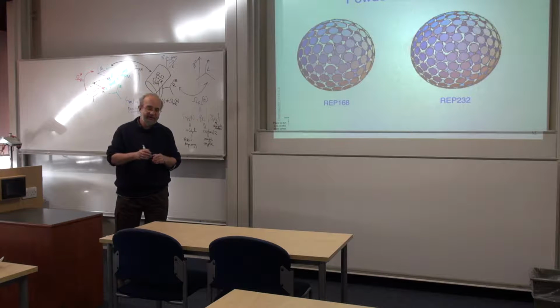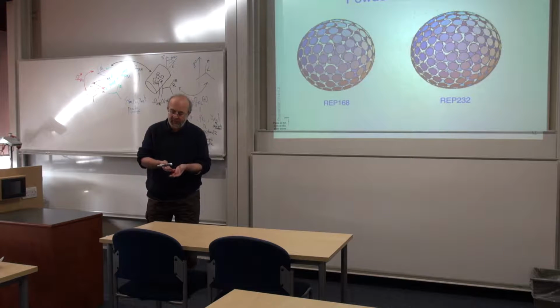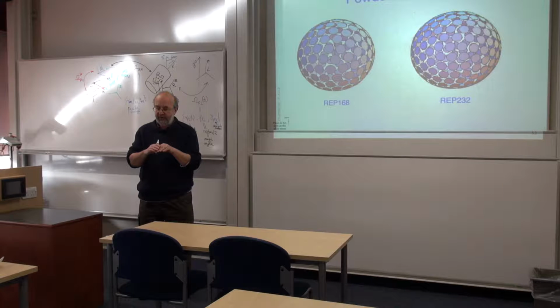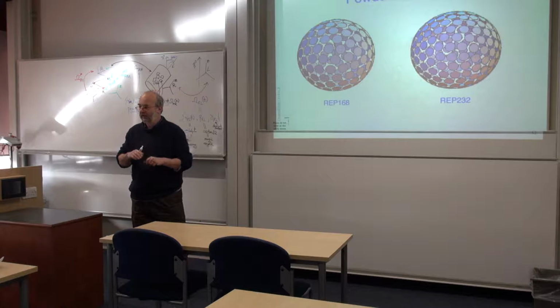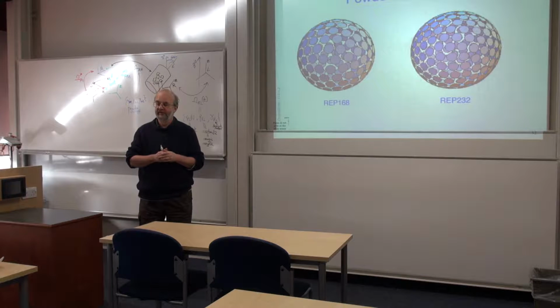It turns out that, for example, if you have a sphere, if you want to put 12 points on a sphere so that they're all equidistant from each other, there's a nice way of doing that.